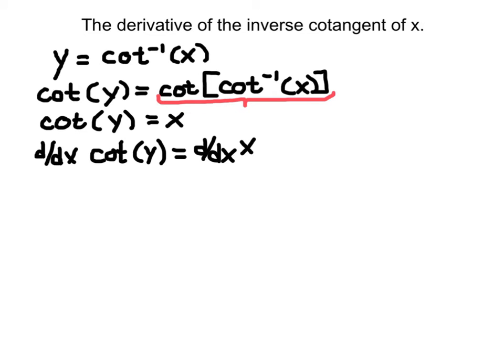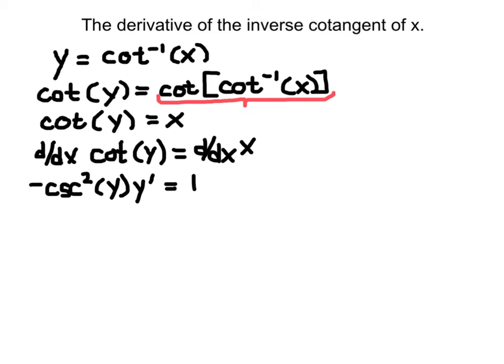What is the derivative of the cotangent? Yeah, it's negative cosecant squared y. And we chain it out and multiply it by the derivative of y with respect to x, which is the y prime. That's what we're looking for. And the right-hand side is 1. Derivative of x with respect to x is 1.